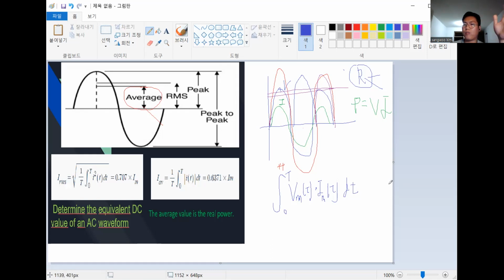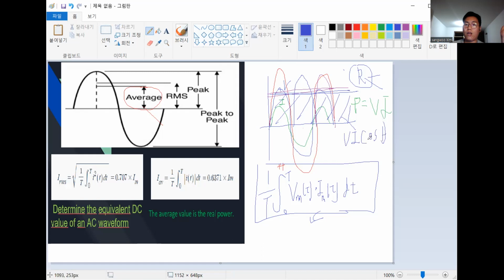If you understand this part, that's fine, but just memorizing the result is also fine. If we do integral calculus, the average value is VI cosine theta, which means active power. Yeah, that's it, guys.